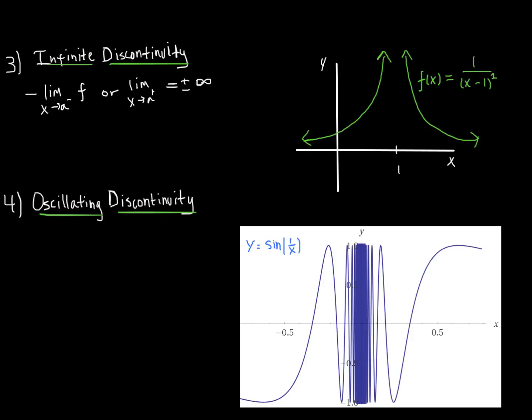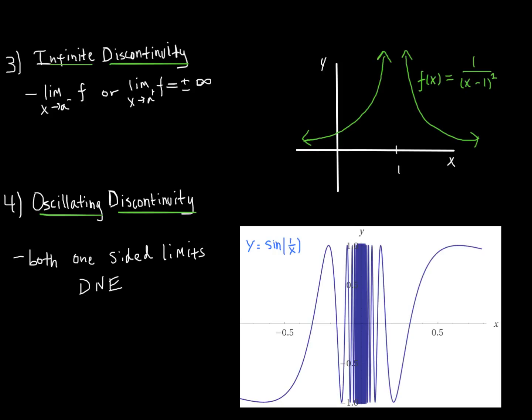And so if either of the one-sided limits is equal to plus or minus infinity, then it's going to be impossible for our function value to be equal to our limit value, right? There's no way that we're going to have a function defined for x equals 1 in this case, or x equals a in either of these cases when the one-sided limit is equal to positive or negative infinity. So it's called an infinite discontinuity.